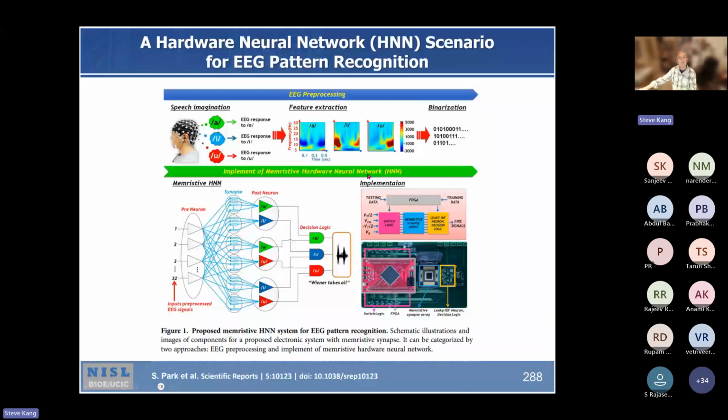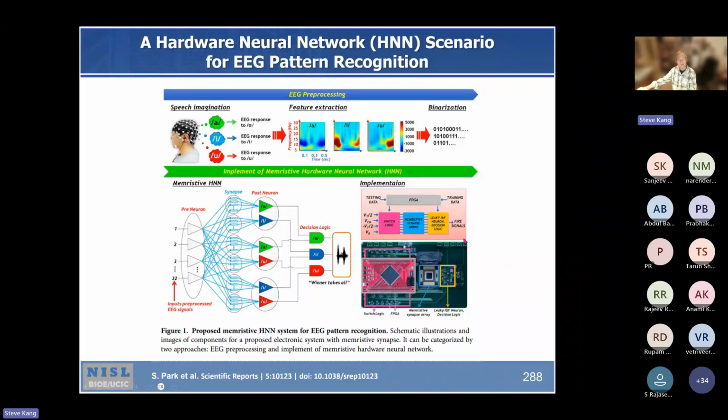And then you can have a neural network for EEG pattern recognition. This is a neural network: a pre-neuron input coming in, a synaptic network here, a post-neuron, and then decision logic, and then it makes a decision.